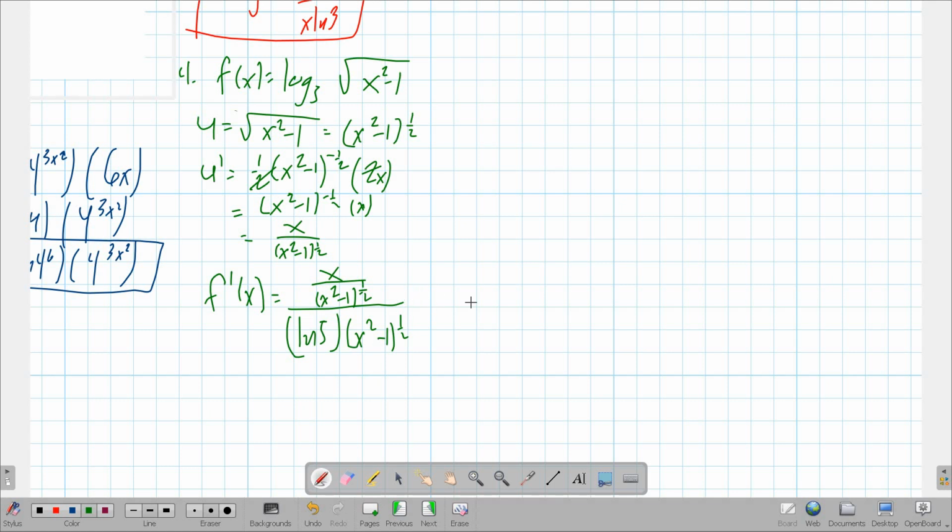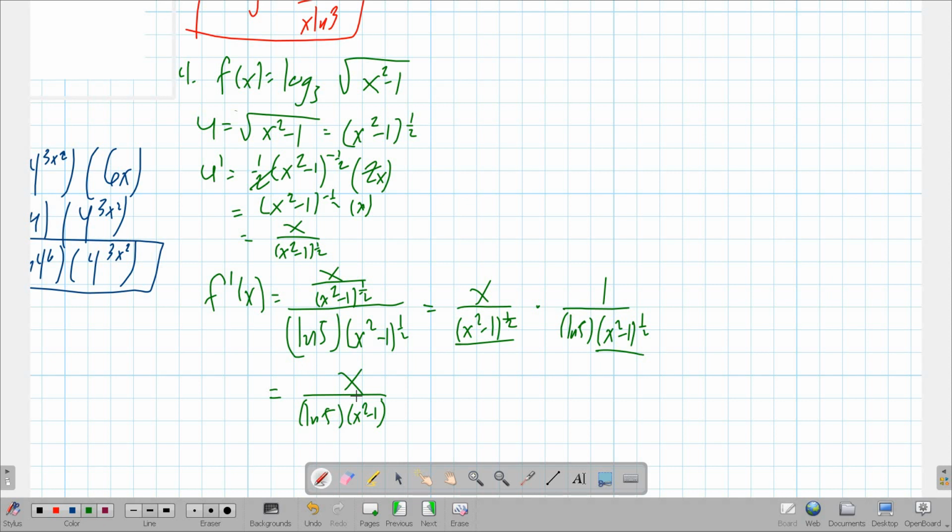So with that, we'll simplify this as x over x squared minus 1 raised to 1 half times 1 over ln 5 times x squared minus 1 raised to 1 half. So this gets simplified into x squared minus 1. So I'm going to have x times 1, that's x over ln 5 times x squared minus 1.